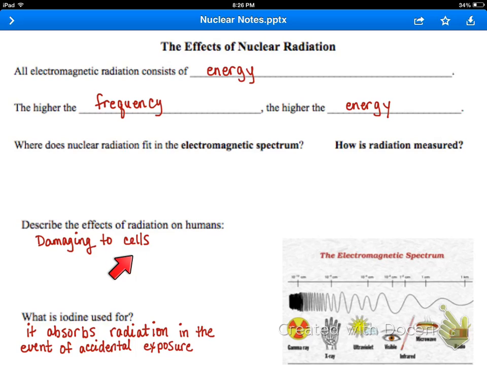So it definitely damages cells. Iodine can be used to absorb radiation in case of accidental exposure. So people who live near nuclear power plants actually have to have iodine on hand in case there was ever an accident. They would take iodine, and the idea is that the iodine would absorb the radiation more than their bodies.